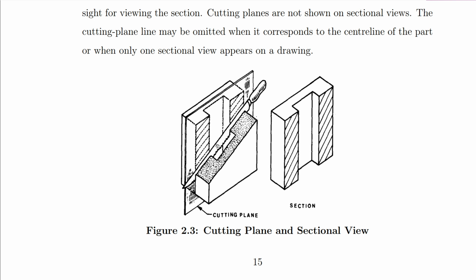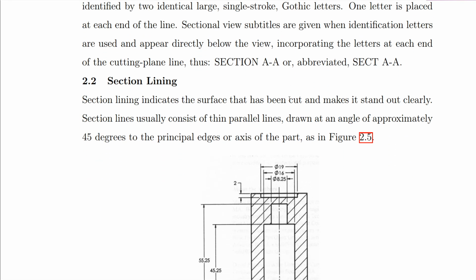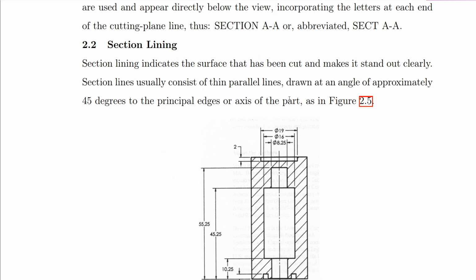Okay, there's no material there, but the area where there is material, where the saw has gone through, we need to hatch or provide these hatch lines, okay, to indicate that these are the areas where the cutting plane has gone through some material of the object we are sectioning or cutting through. And that's what we call the section lining or the hatch lines.